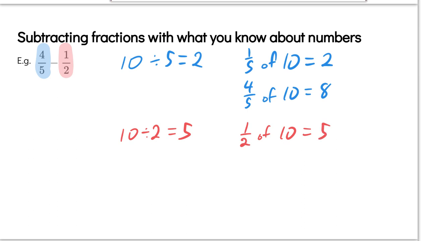Okay, and now we can just say 4/5 of 10 minus half of 10. So 4/5 of 10 is 8, minus half of 10, which is 5, is going to give us 3. And since we're talking about tenths, the whole is 10, then our answer is going to be 3/10.